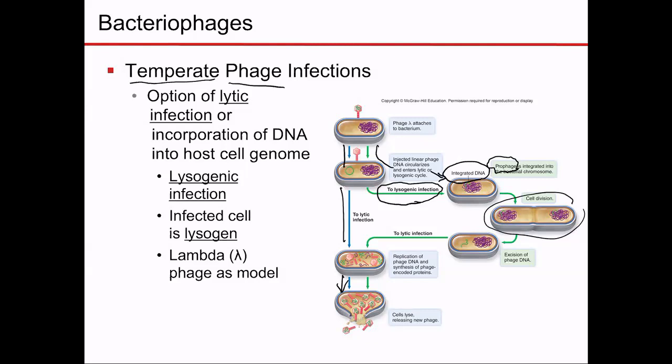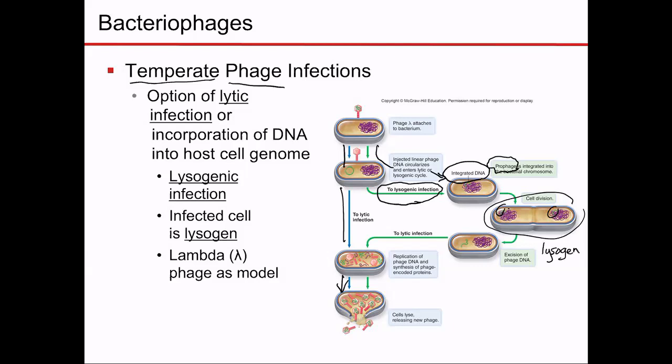In this scenario, the daughter bacterial cells contain the prophage, and the cells containing a prophage in the chromosome of the cell, we're going to call those cells lysogens.